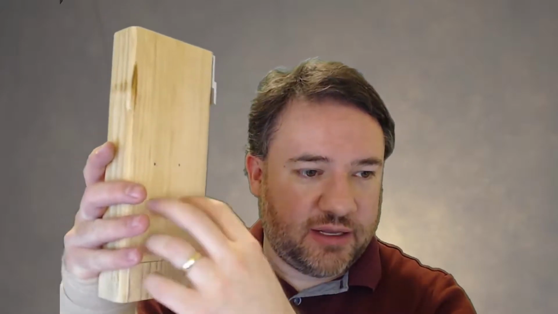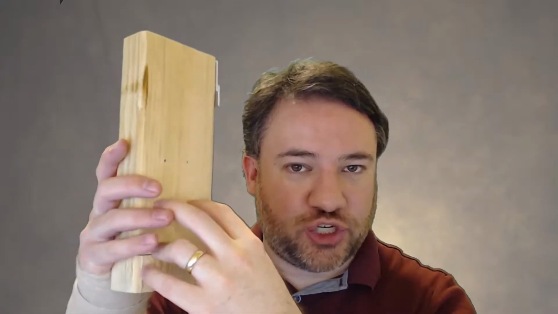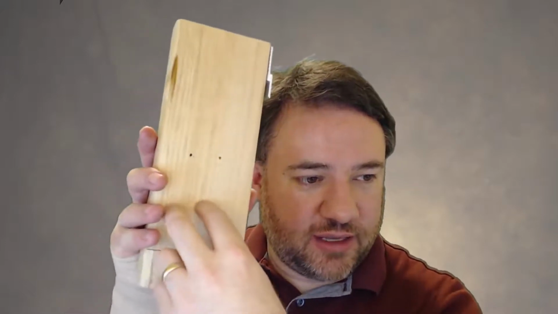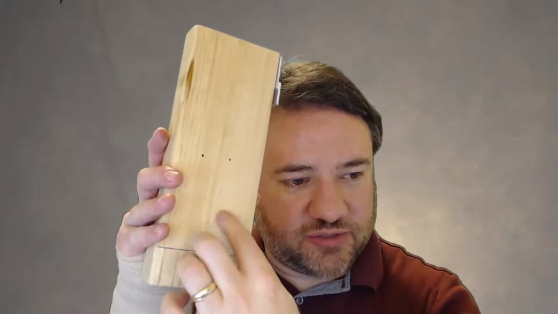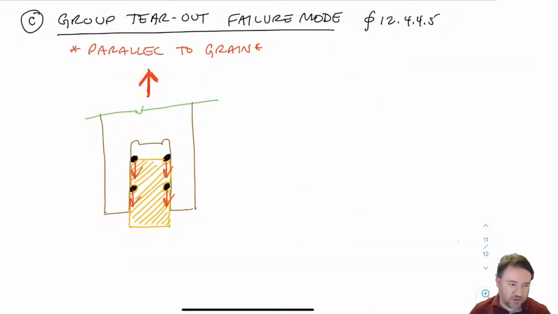So for a group pullout failure mode to happen, we basically have to have pretty short rows, and the bolts probably have to be pretty close together in the cross-section dimension, so that I have a relatively small tension piece that I need to fail. Okay, so it looks something like this. Instead of pulling out two plugs, which are plug rows, I pull out a big chunk of wood material from the center.